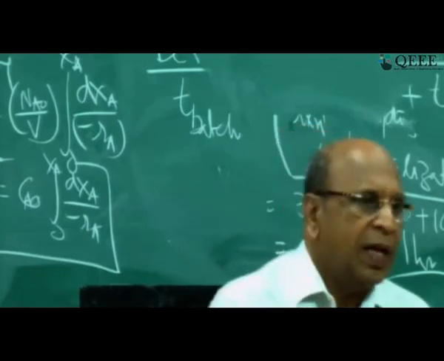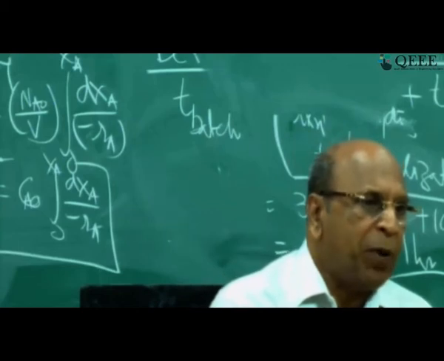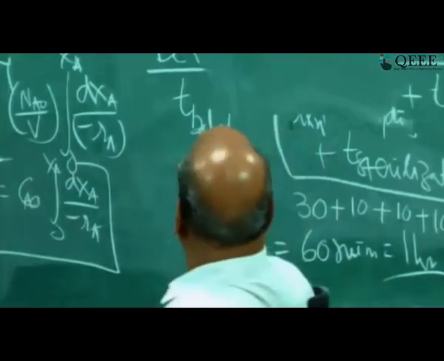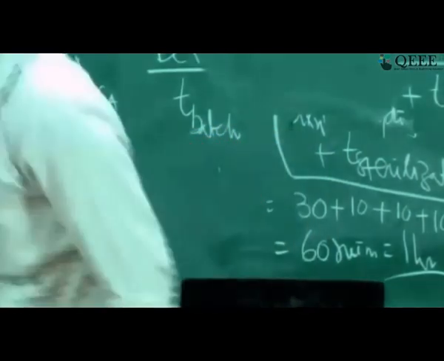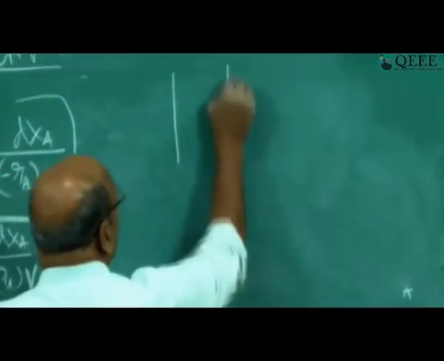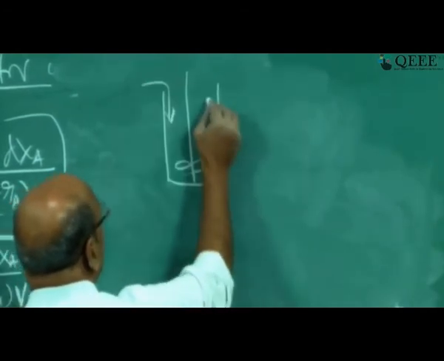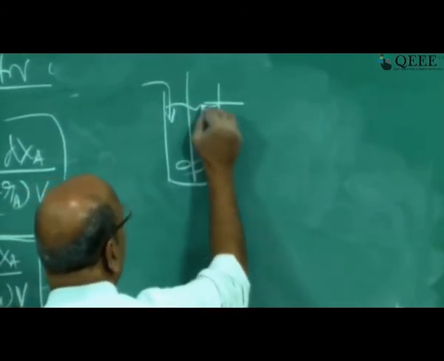Okay? How to overcome bypass in CSTR? I think the diagram should be already there. Oh no, I removed it. I have given this diagram earlier. You have a mixed flow reactor something like this. We normally put the input from the top and then remove the liquid from the top.